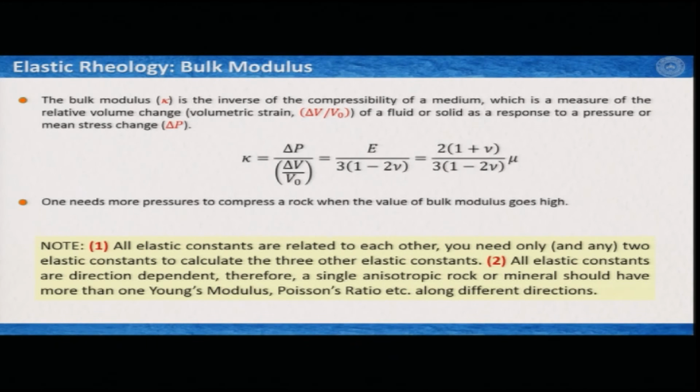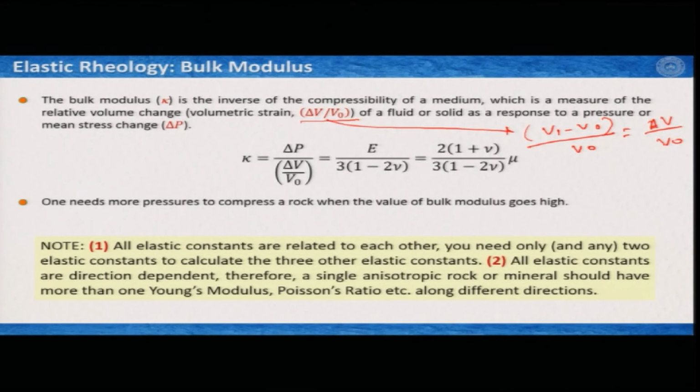Volume change is defined by del V versus V0, where del V is V1 minus V0, and V1 is your changed volume. I am just writing it because I think I confused myself with my statements. So, V1 minus V0 by V0, which you can write as del V by V0.